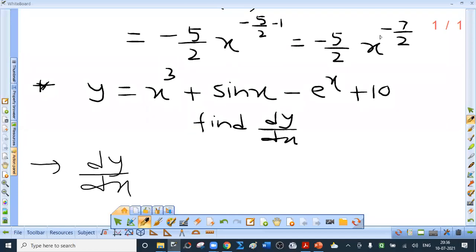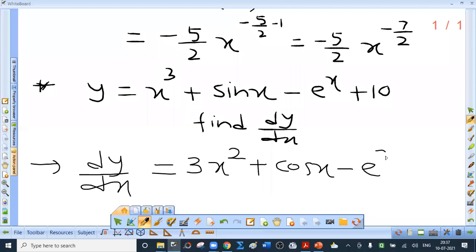After this, we have to say on differentiating with respect to x. Basically, this is sum of many functions. So what is derivative of sum? Sum of derivatives. I'm writing this directly. What is derivative of x cube? 3 x raised to 3 minus 1, that is 3x square. What is derivative of sine x? Cos x. Minus, what is derivative of e raised to x? E raised to x, and derivative of any constant is 0, so we need not write plus 0. So this is the final answer.